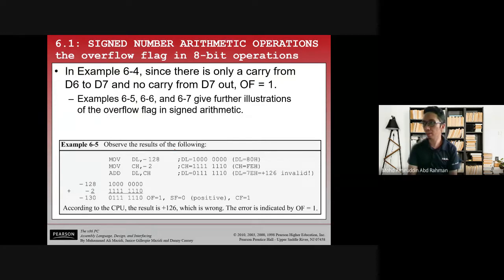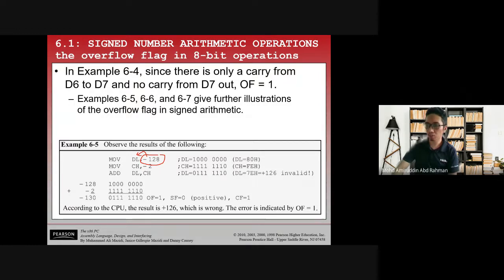Okay, so we look further in this example. We have minus 128 in terms of decimal, and we want to put that into DL. DL can accept that, right?